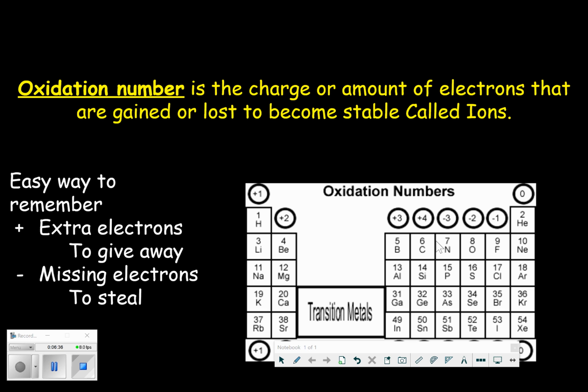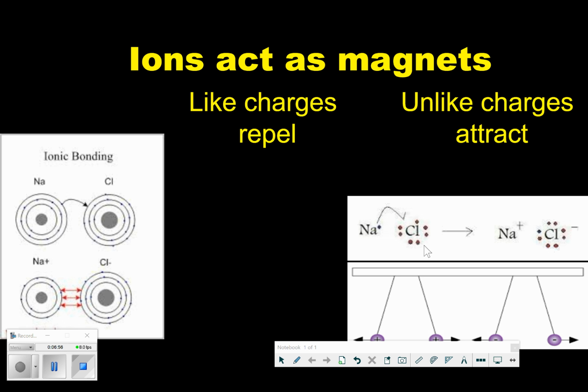I'm moving away from carbon, so we're going backwards again. So nitrogen is a 3, and because I'm going to the right, it is a negative. So anything from carbon going to the right is negative, and you're going to go 3, 2, 1. Anything from carbon going to the left is positive. Again, you're going backwards. 3, 2, 1.